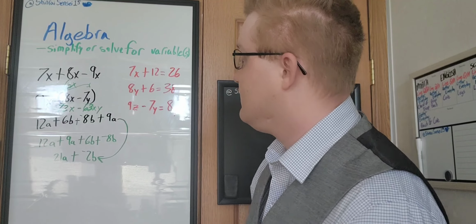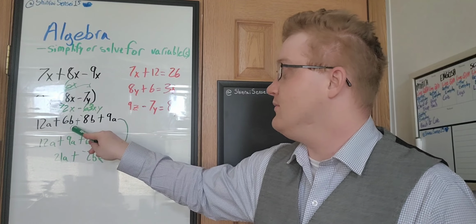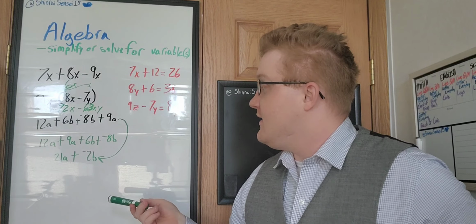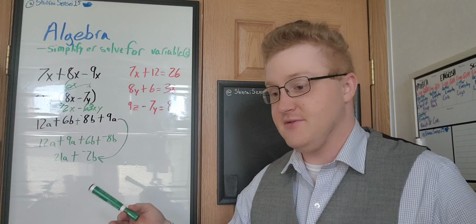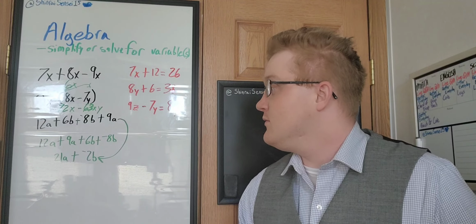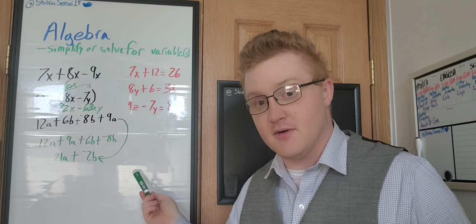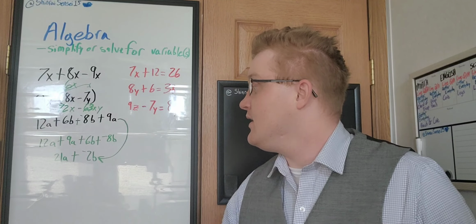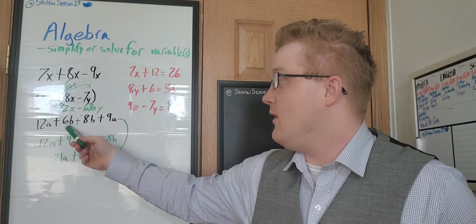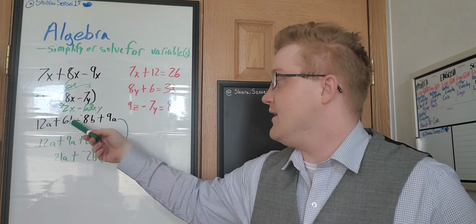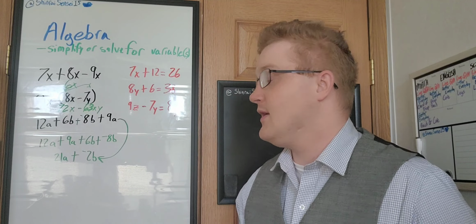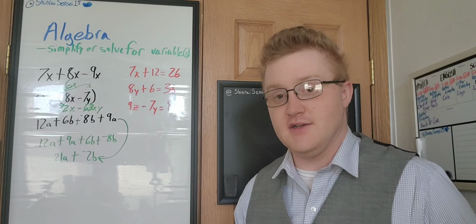You didn't necessarily have to change the subtraction into addition by adding the opposite. But in order to change the order of the numbers and their variables here, you have to be able to have all of these be addition, right? And if they're not all addition, then you can't change the order.